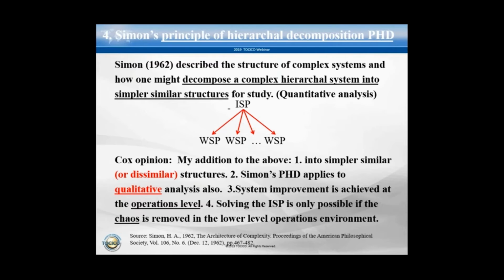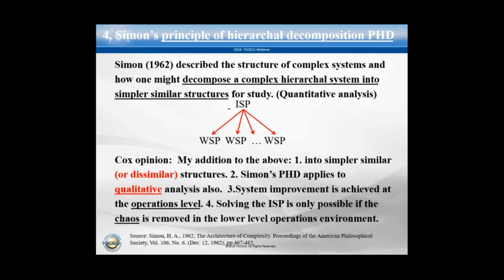So Simon's principle of hierarchical demands applies, I think, more appropriately to qualitative analysis than to quantitative analysis. There's not much that's ever been done in linking qualitative solutions or quantitative solutions together. But I think it makes quite a bit of sense to link qualitative analyses together by using logic.